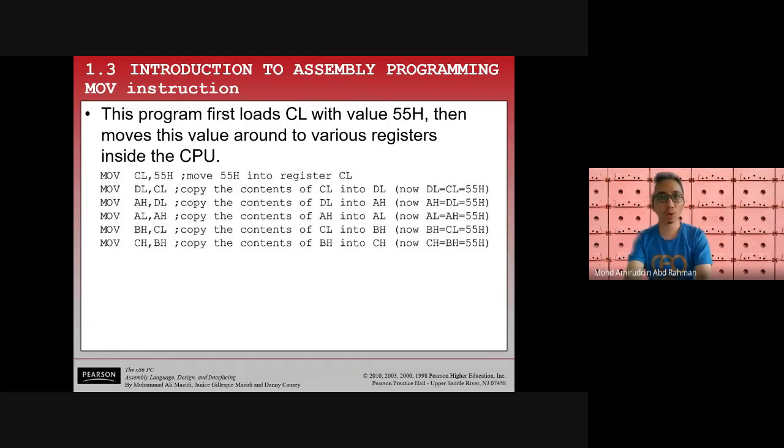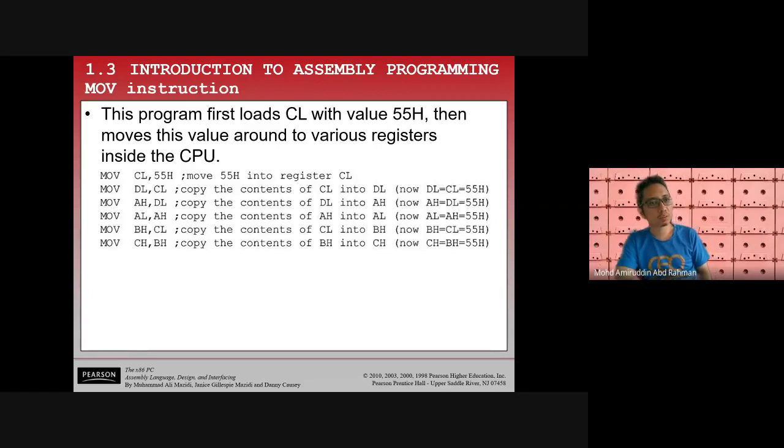So the maximum for the 16-bit is of course F, so we have FFFF. For example over here, we have 55 moved into register CL.